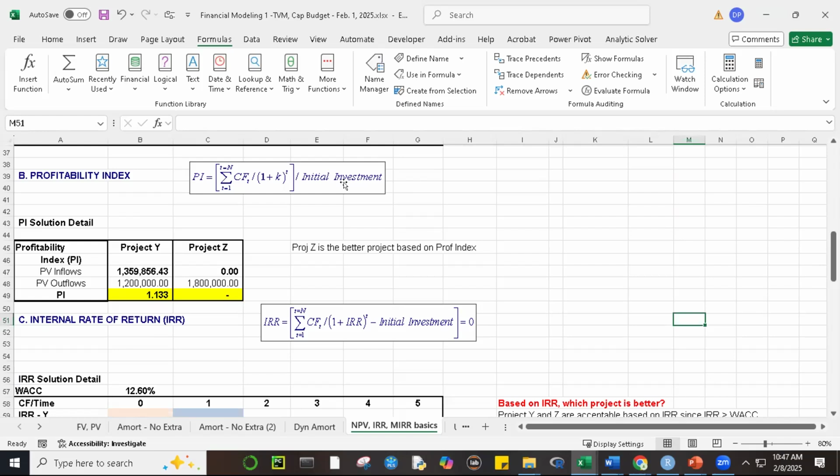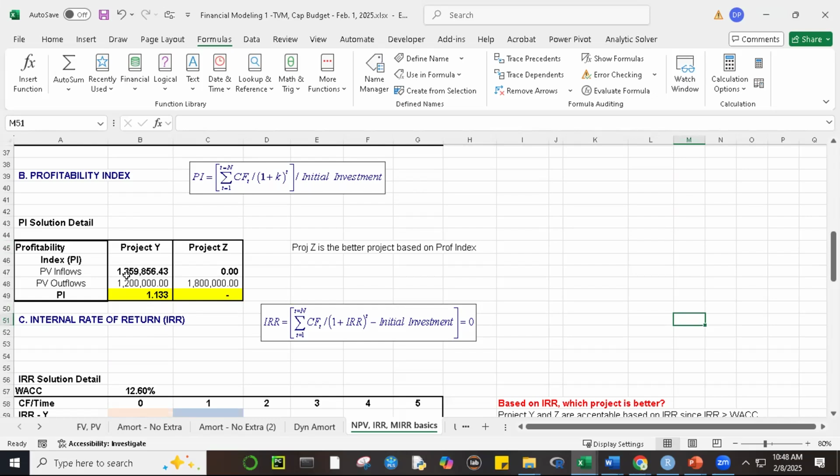Okay, so actually this is one of the answers that I was asking you, because you're now dividing it by the initial investment. You're dividing the present values of your cash flows by your initial investments. Okay, so what will happen is that if you divide it by the initial investment, the denominator actually becomes 1. Okay, so now you have a basis for comparison.